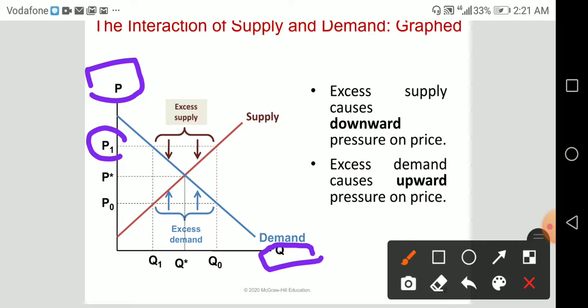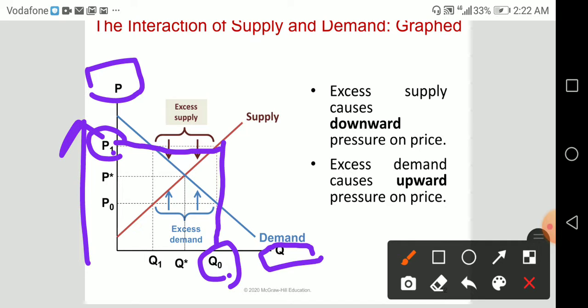At price 1, whatever this price is, I will go down to see what quantity, and the quantity is 0. The price here is very high and the supply is also very high, right? But we can see the demand curve, the blue one, at this point, right or not? So what do you think, guys?